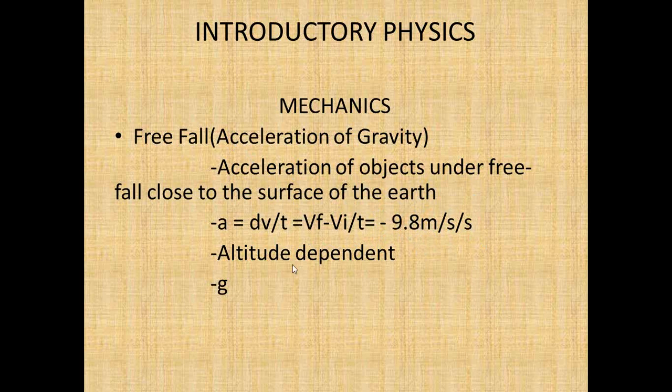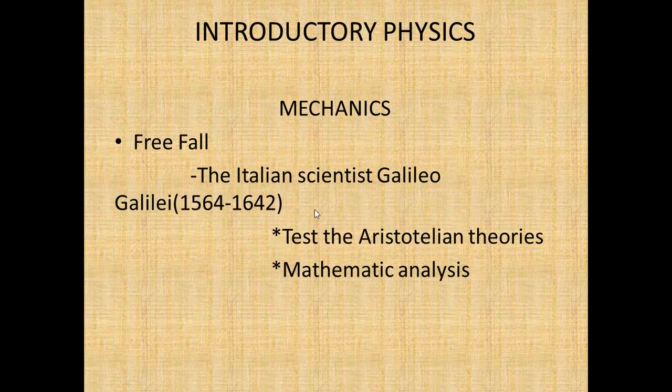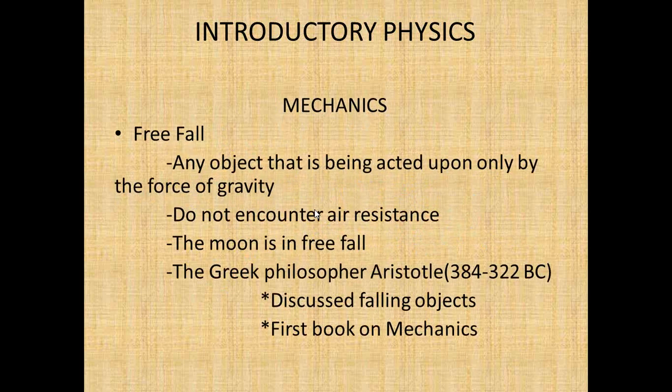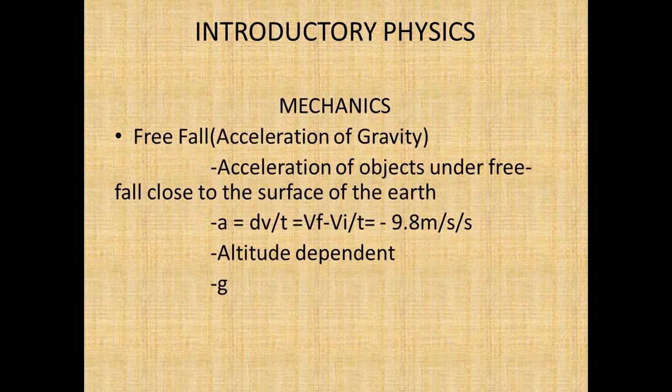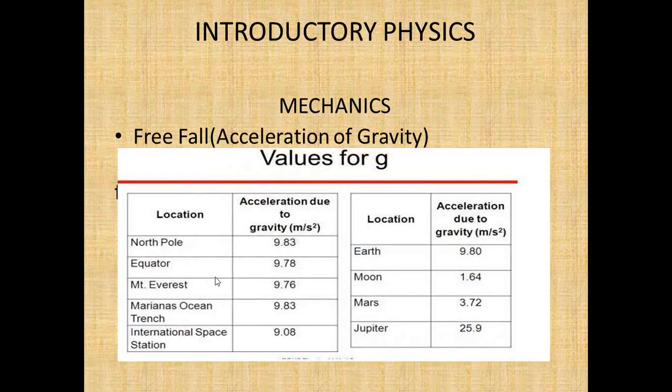And again, as we mentioned, it's altitude dependent. Close to the surface of the Earth, it is 9.8 meters per second per second. It's altitude dependent, and the symbol we use is g.